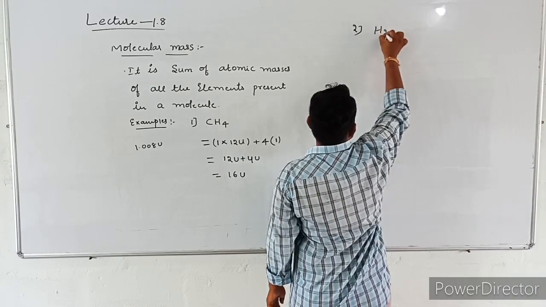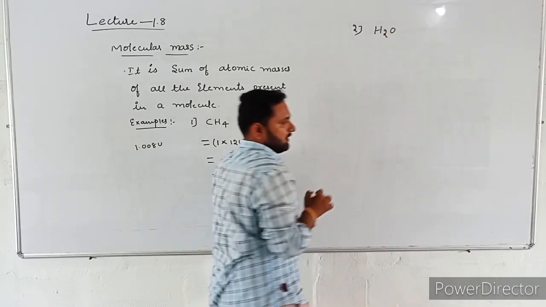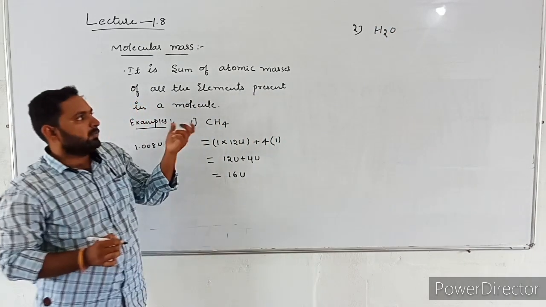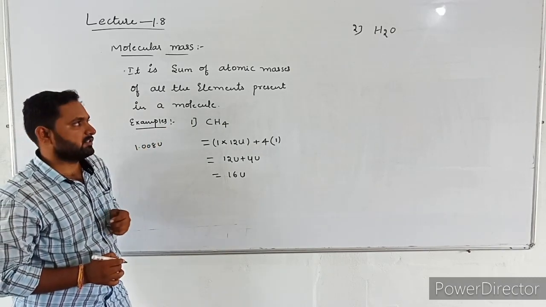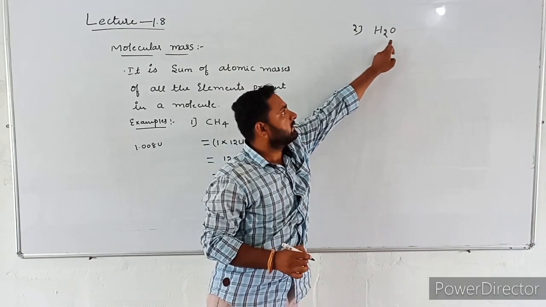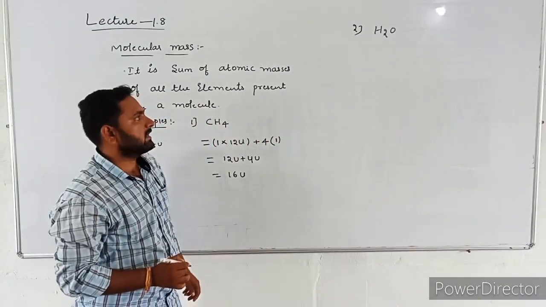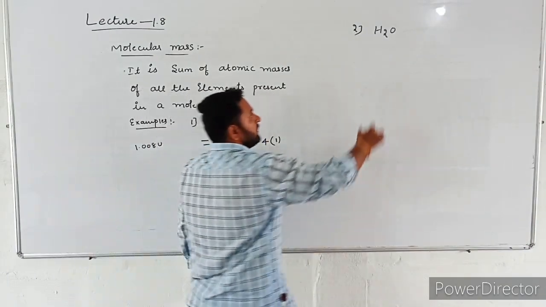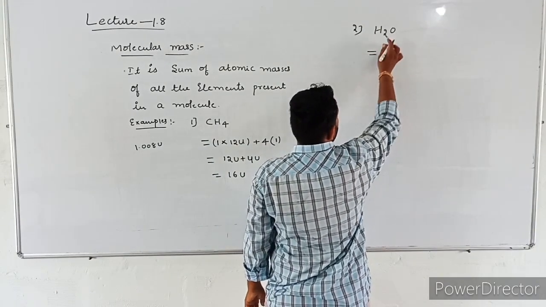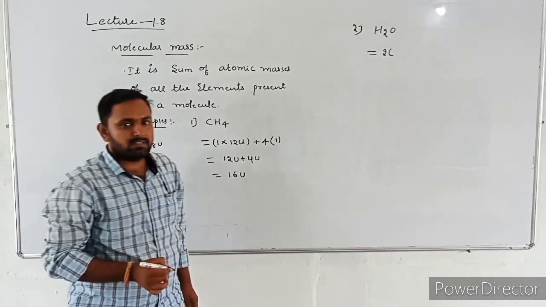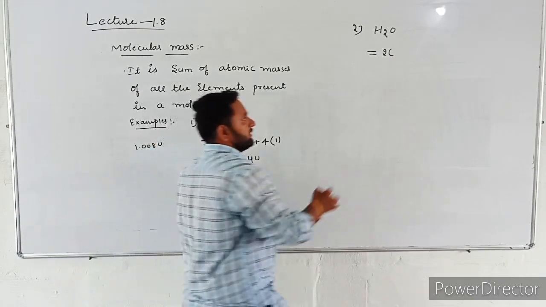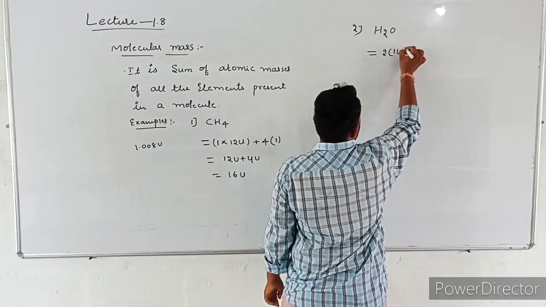Water. Calculate molecular mass of water. Now let us check how many elements are present in water molecule. There are two elements present. One is hydrogen, the other one is oxygen. Now let us calculate molecular mass. How many hydrogens are present in this molecule? Two hydrogens. Then what is the atomic mass of one hydrogen? 1U.